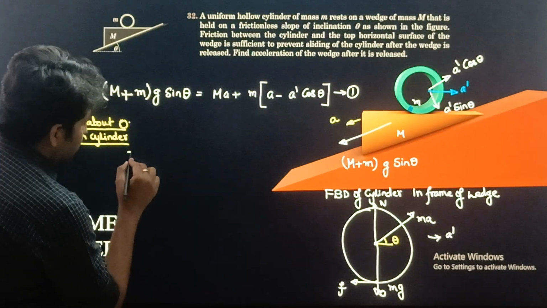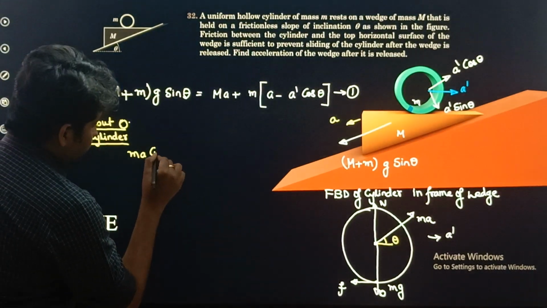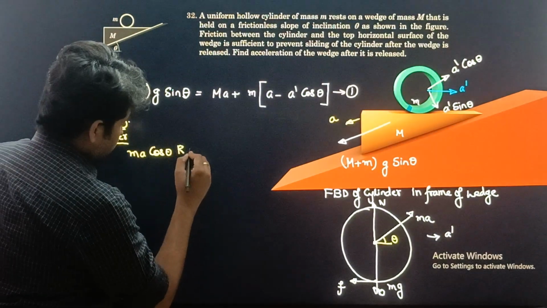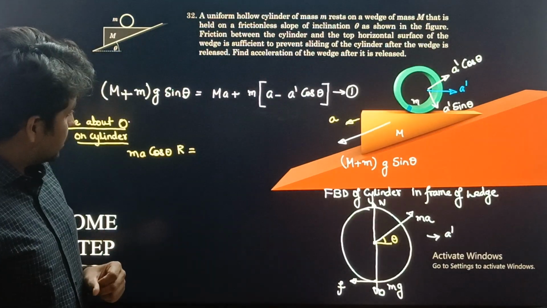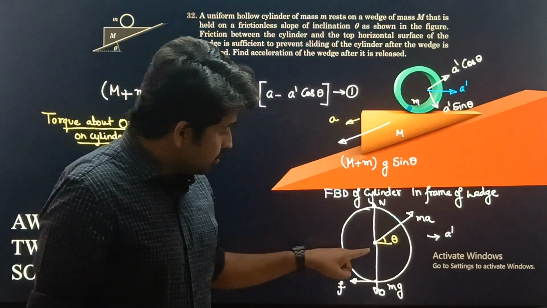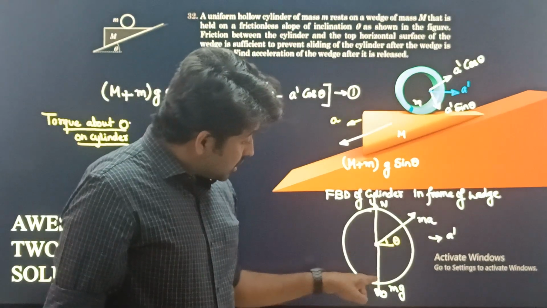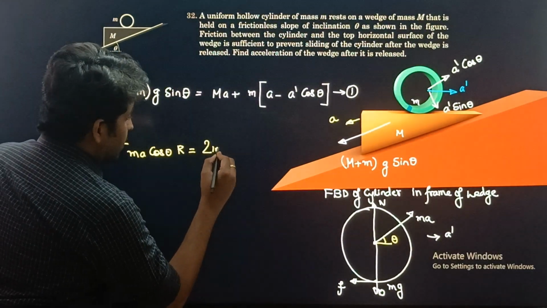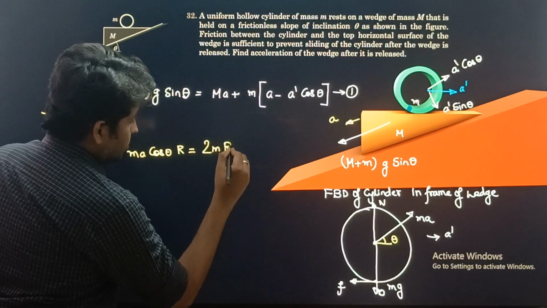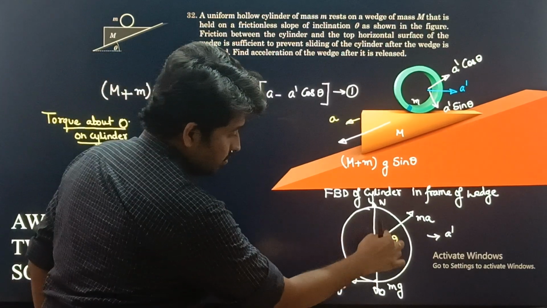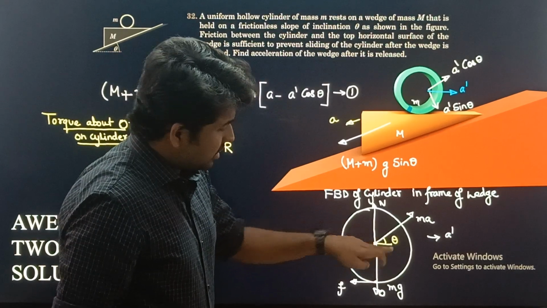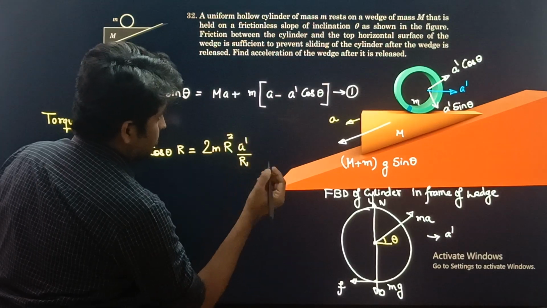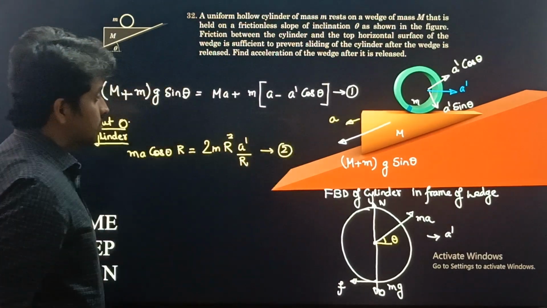So I'll write here ma cos theta into r equal to the moment of inertia about this point, which is 2 m r square, into alpha. The angular acceleration is alpha. I can write the angular acceleration as directly A dash by r. This is our second equation.